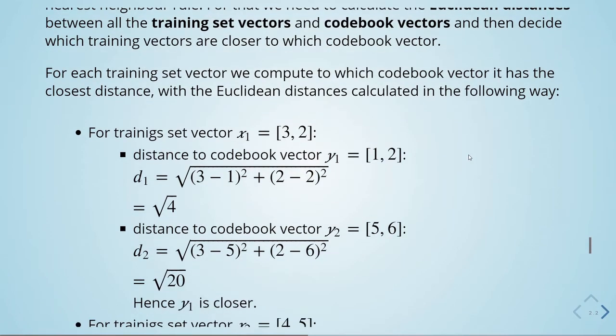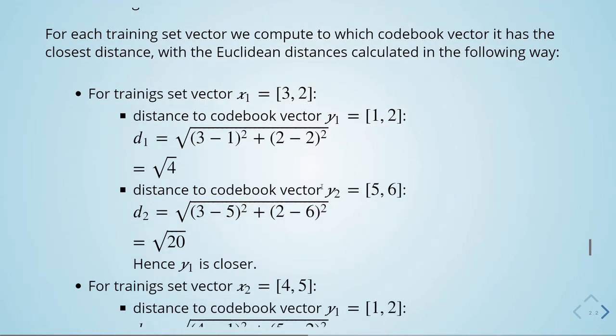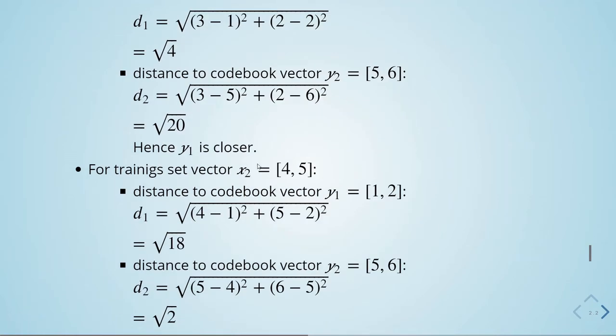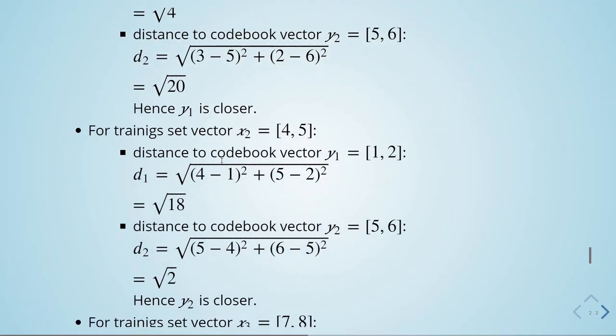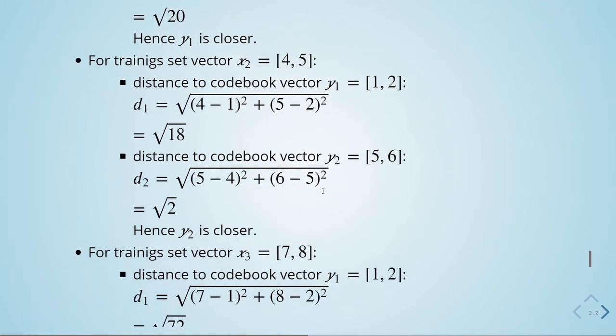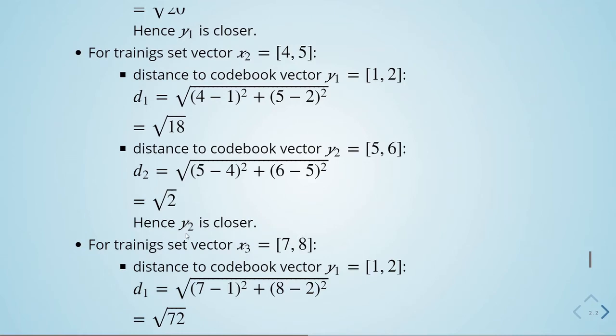We start with the first training set vector, and we calculate the distance to the codebook vector y1, and the distance to the codebook vector y2, and we see that y1 is closer to the training set vector x1. Then we move to training set vector x2, we calculate the distance to vector y1, the distance to vector y2, and we see that y2 is closer.